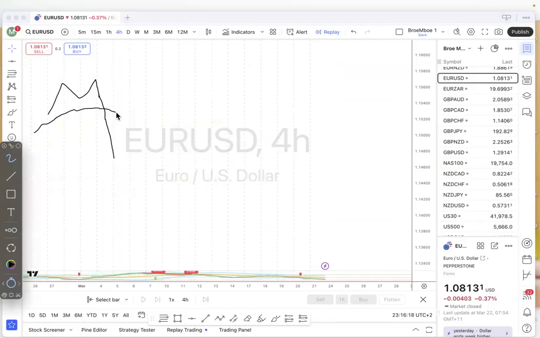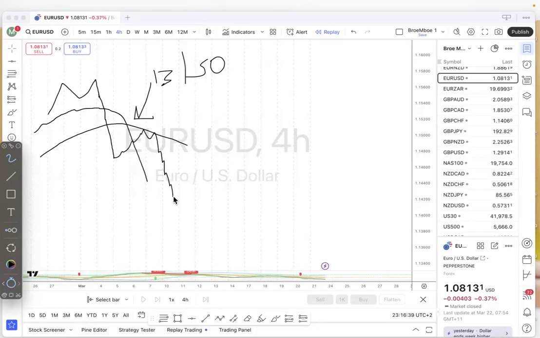Then you have the 13 EMA, and then you have the 50 EMA. Every time the 13/50 crosses over, you buy on the 50. I hope this makes sense.